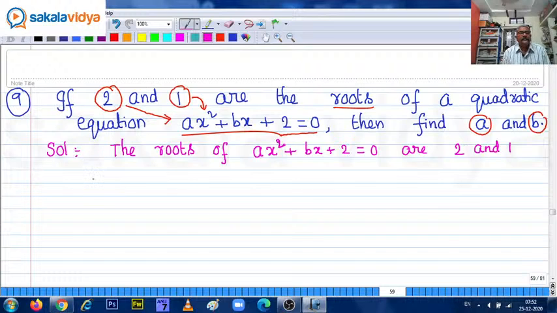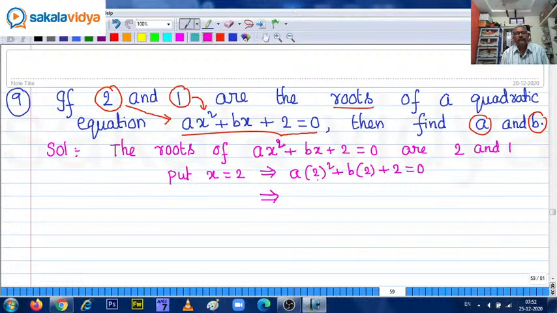So that implies, put x is equal to 2. So that implies we get like this: a times 2 square plus b times 2 plus 2 equals to 0.